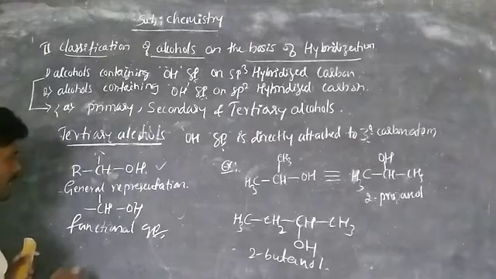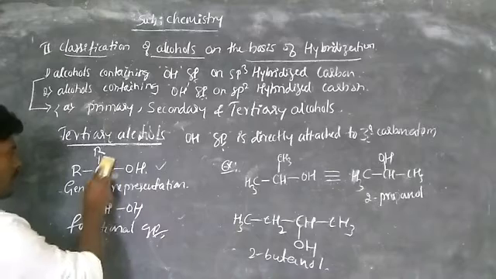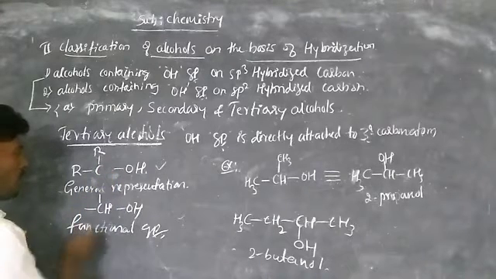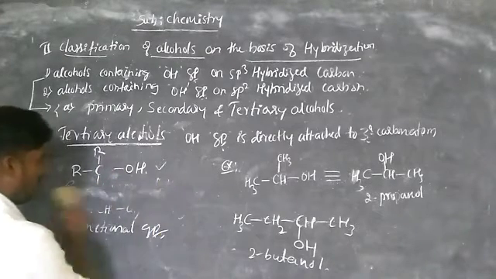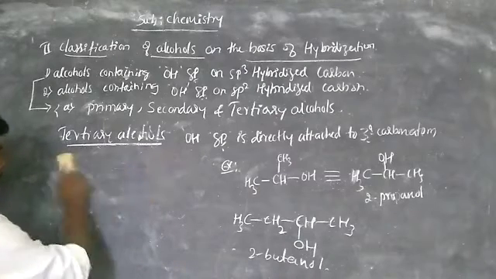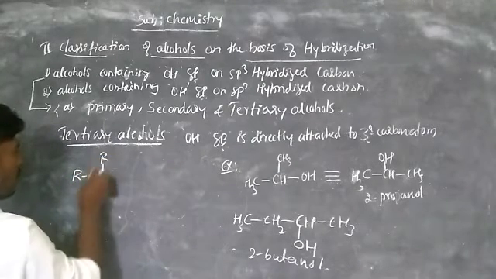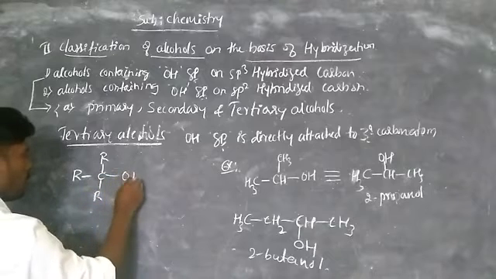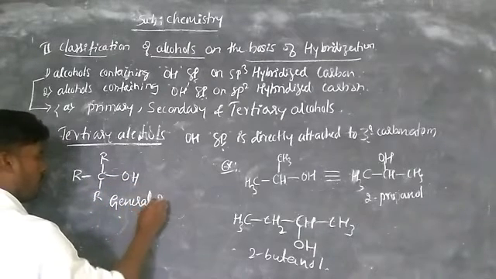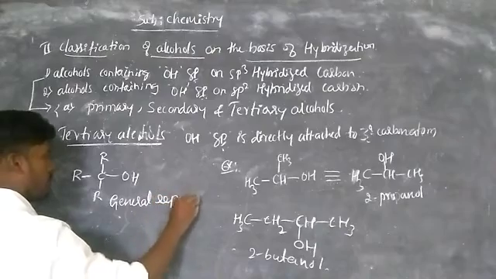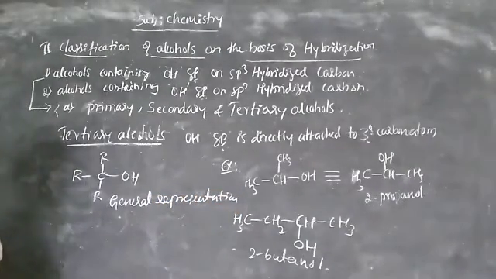Now the general representation is C with R here. The third hydrogen is also replaced by an R group, that is R bond C bond R, bond R, bond OH. So this is the general representation.